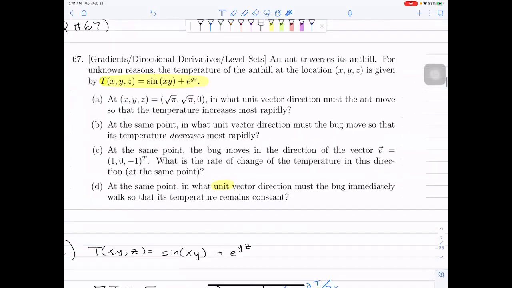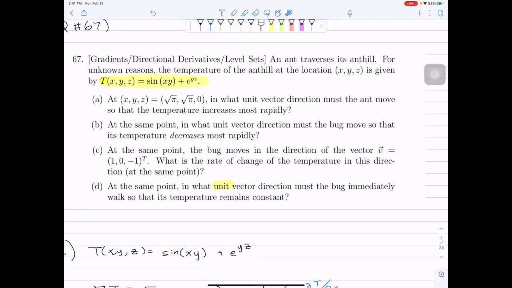Okay, so then back to the question. Any questions? Okay, so now we're trying to solve this, right? So we're trying to find u. So u should be, well, it says to take the gradient, which was negative square root pi, negative square root pi, square root pi. But we want to divide it by the length. So what is the length of this?